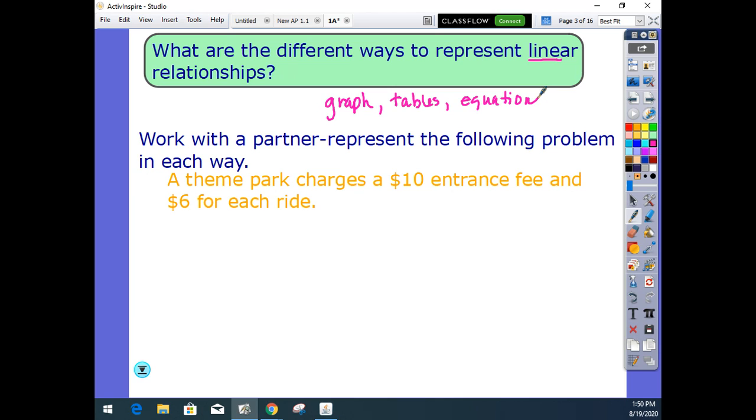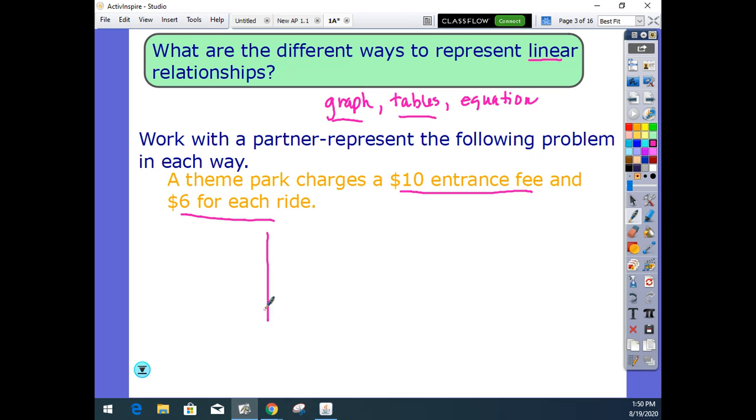All right, normally we talk about working with a partner, and we're actually going to focus on the graph and the table. We'll get to the equation a little bit later. So if it costs $10 to get in and $6 for each ride, how can we create a table?